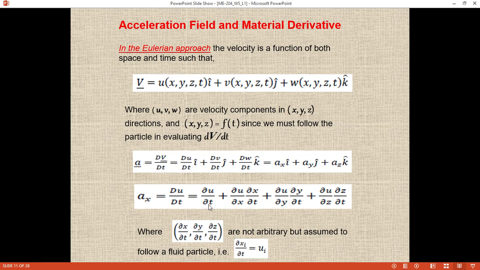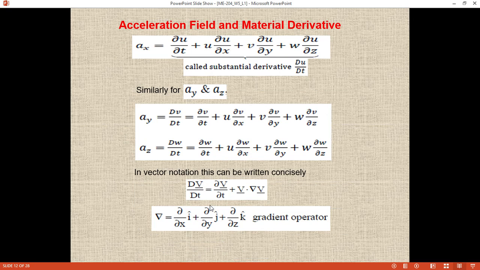So this is del V by del t, because V is a function of space coordinate and time, plus V dot del V. So what is the del operator? We already know that it is the gradient operator, and it can be written like this in vector form.